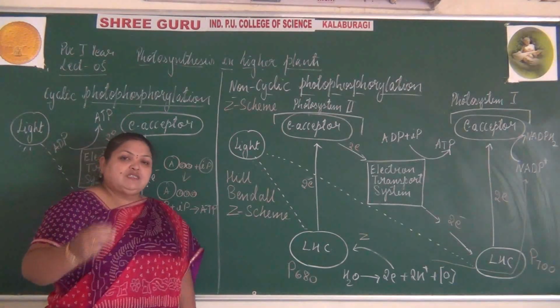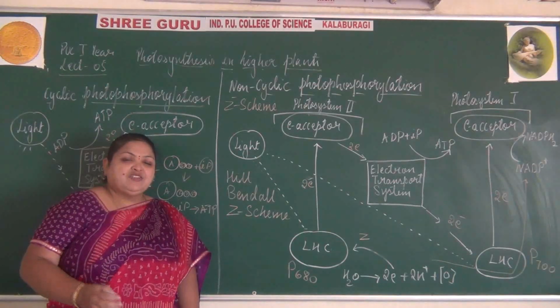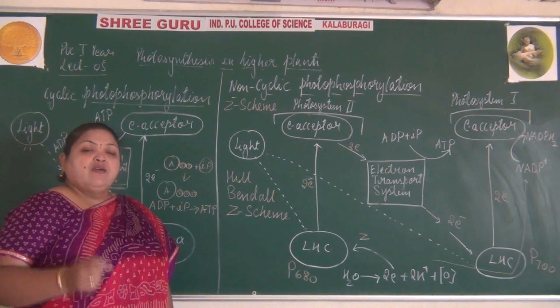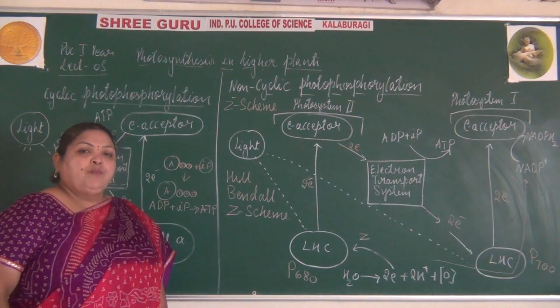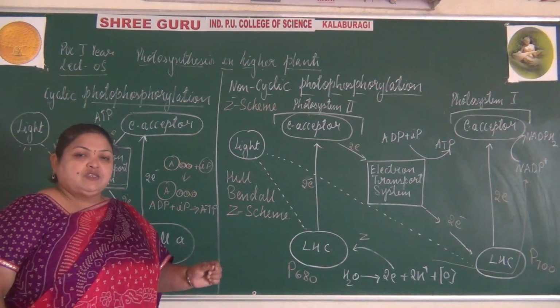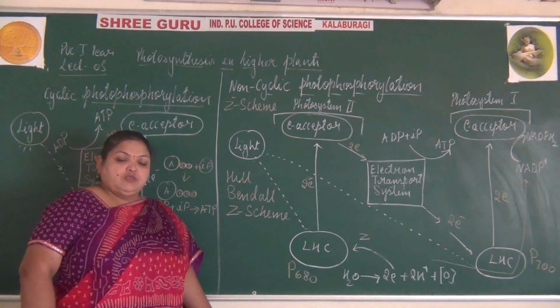Then the next step of the light reaction is chemiosmosis, which was studied by Peter Mitchell. So one more reaction in the light reaction is chemiosmosis.